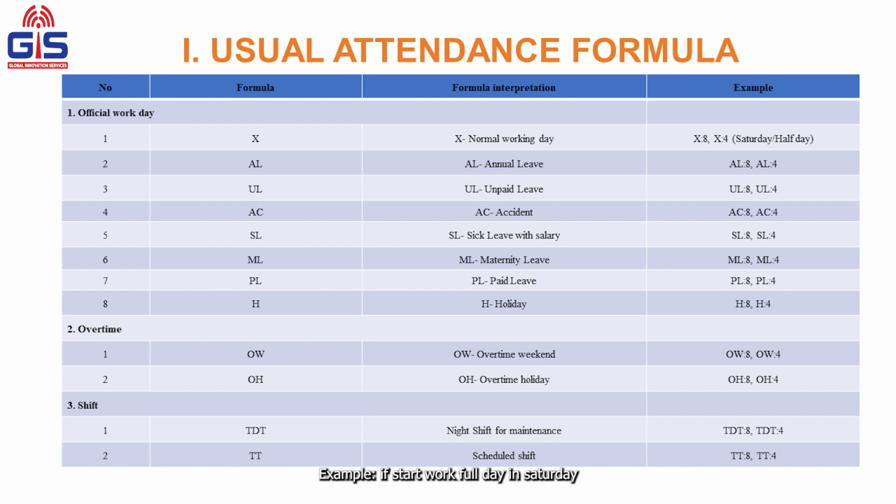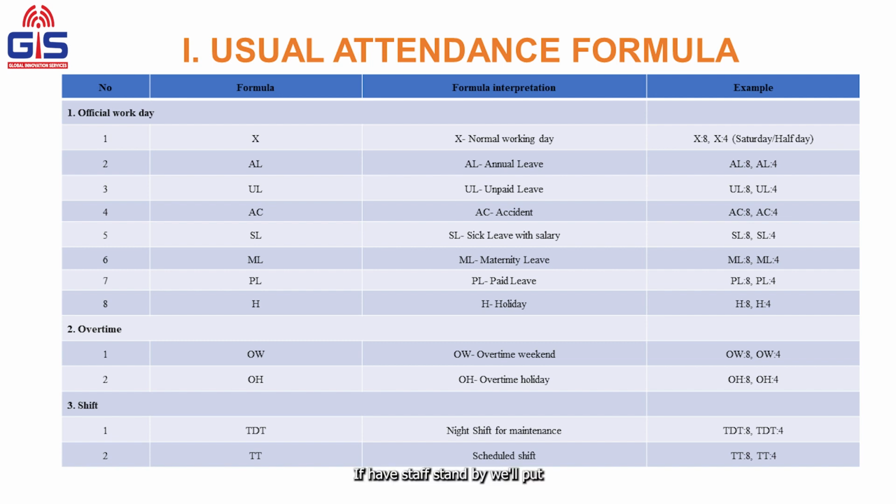For example, if staff work a full day on Saturday, we will put H4 for the normal working day, and in the afternoon we will put more for him, OW4. So the formula should be X4, OW4. For overtime holiday it is the same.